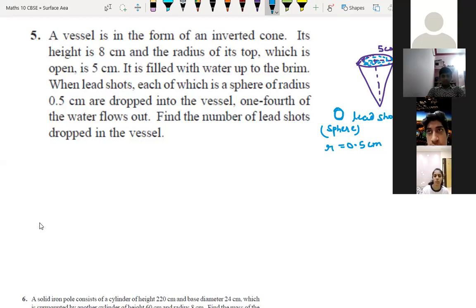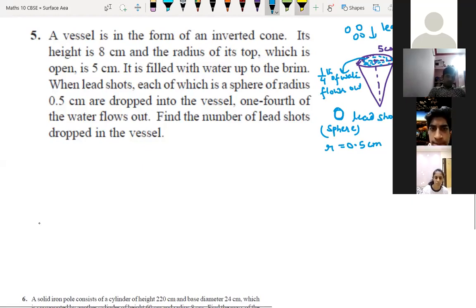1/4 of the water flows out. If you are putting lead shots inside the vessel, 1/4 of the water flows out.